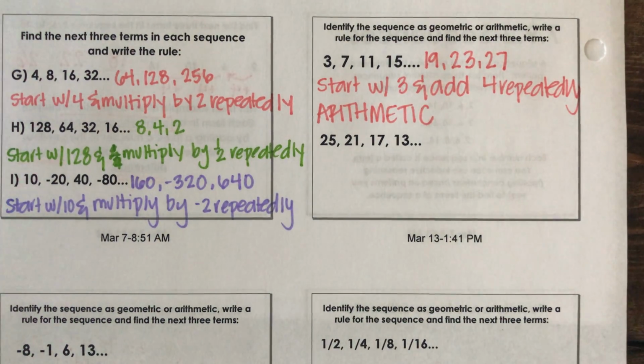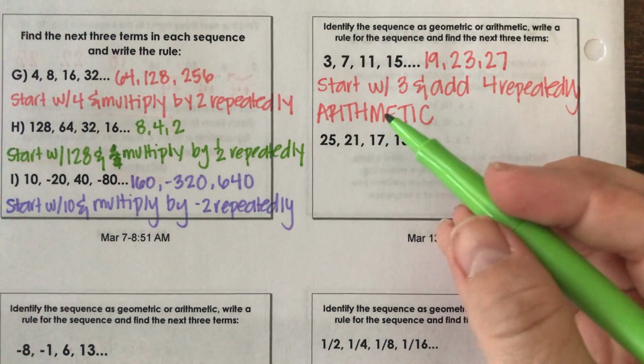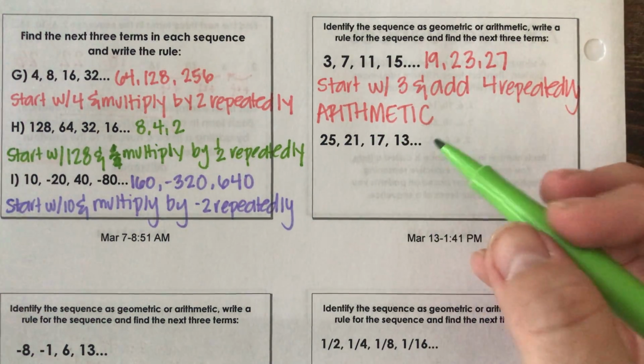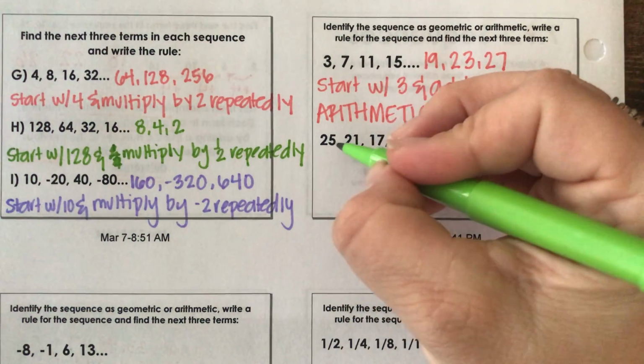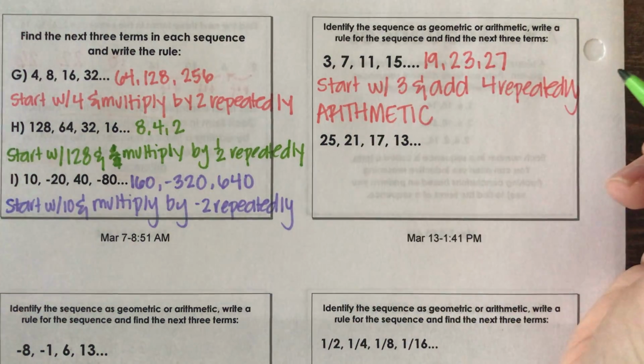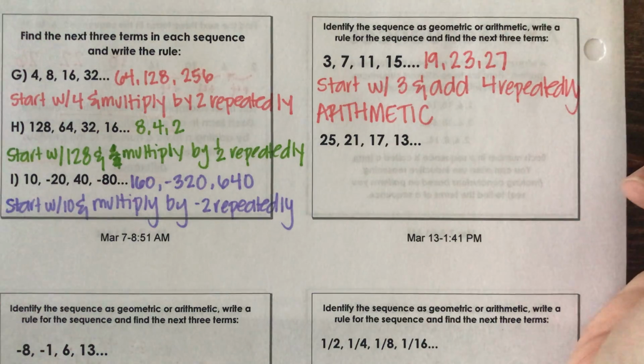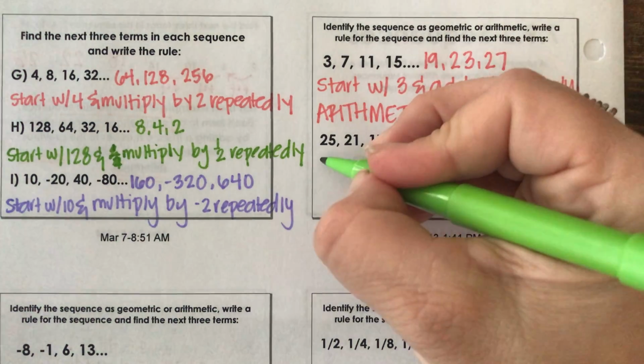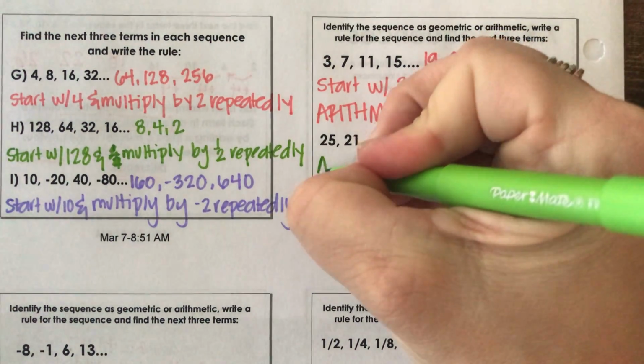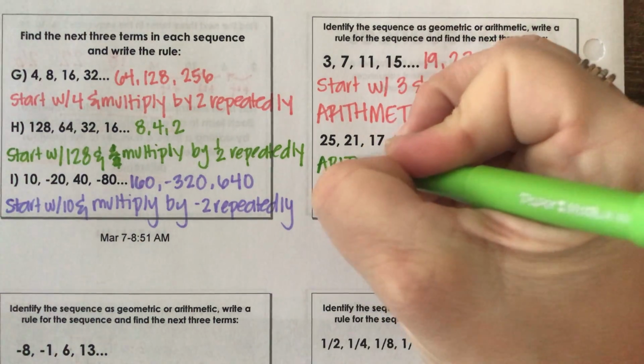Or on the next one, we have 25, and then it goes down to 21, and then down to 17, and then down to 13. So are we multiplying by something, adding, subtracting? We're subtracting, right? So that means we're adding a negative.